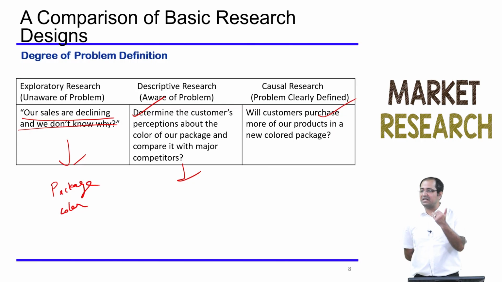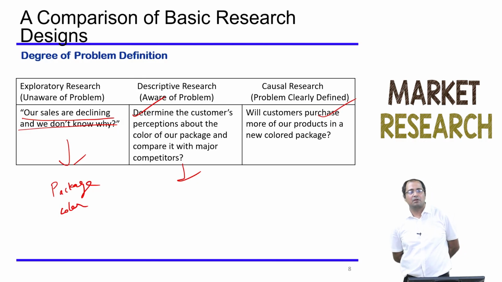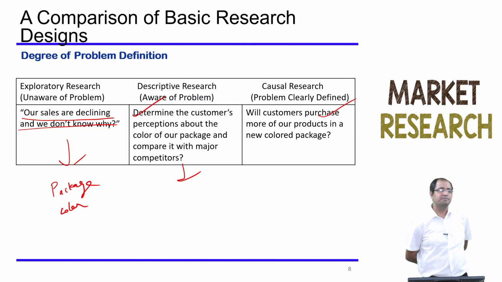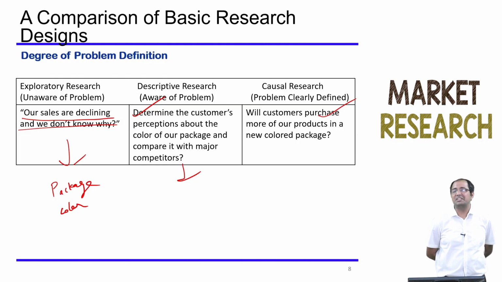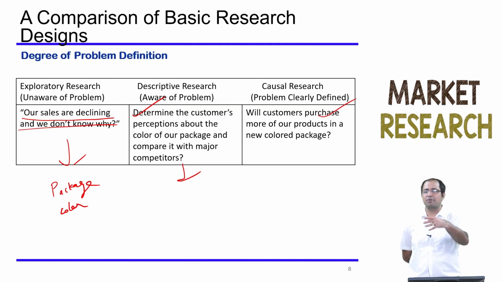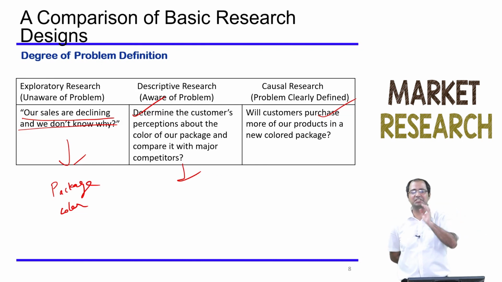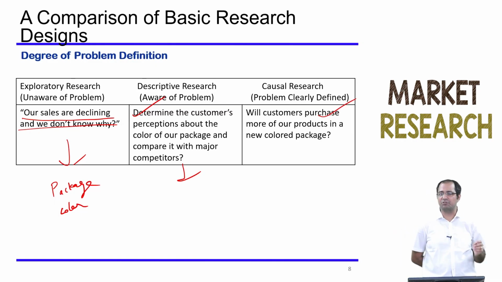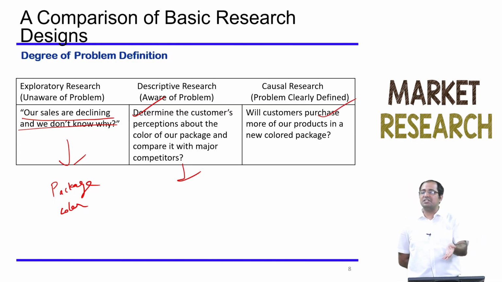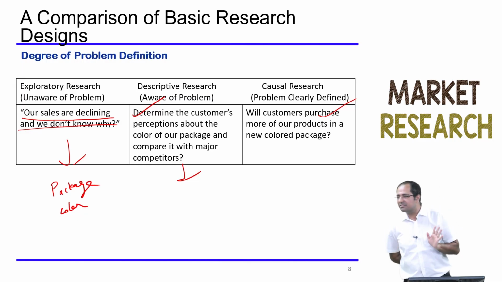I can give you one more example of causal research, for e-commerce companies. Say you have to determine the price elasticity of demand for a product, which means whether changing the price will increase the demand, how the demand changes with changes in price.